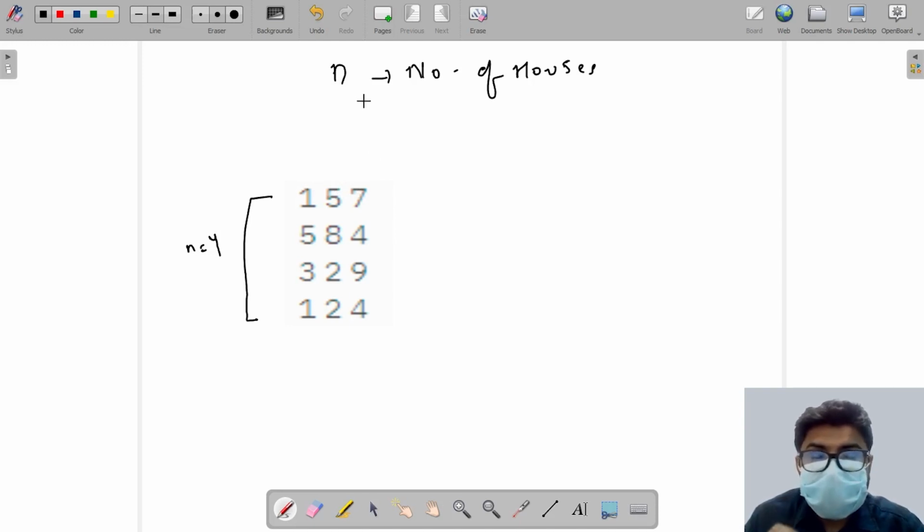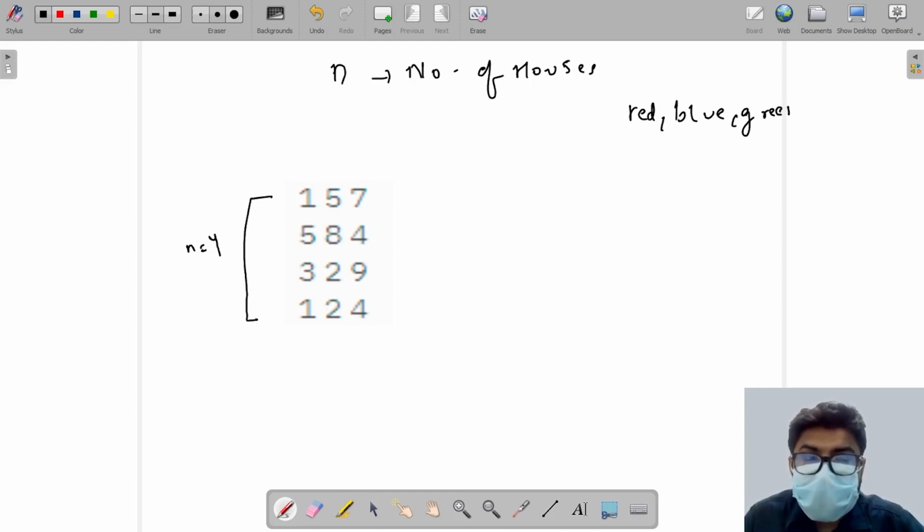First of all, our job is to paint these n houses using any one of these 3 colors. For example, we have been given 3 options: red, blue and green. Using these 3 colors, we have to paint these n houses.